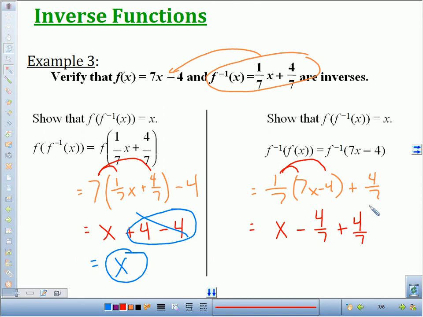Again, this may look a little different than the solving equations we're used to, but it is still just solving equations. Now you can see here I have negative 4 over 7 plus 4 over 7, which cancels out, leaving me with x. Both of these equal x. These two functions are, in fact, inverses.